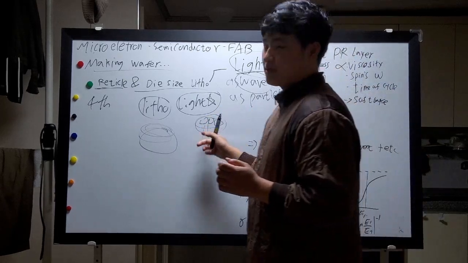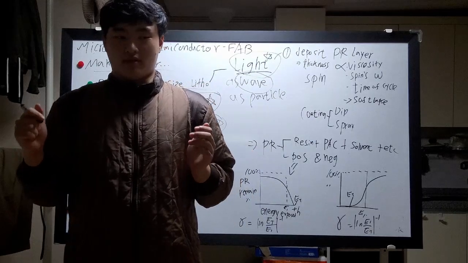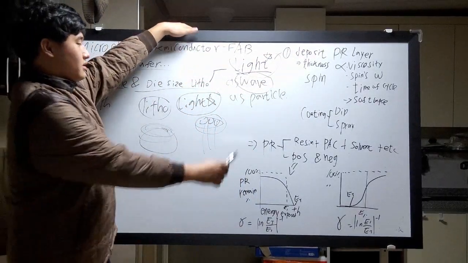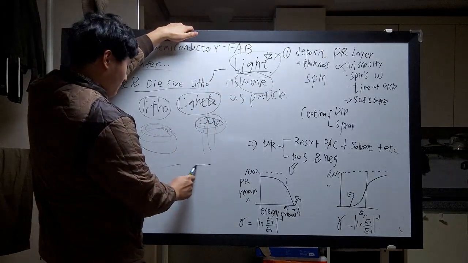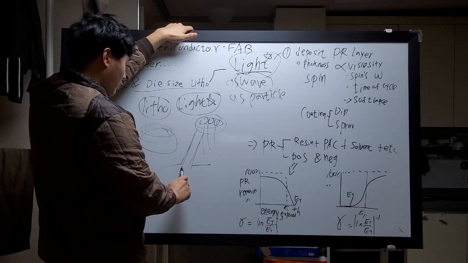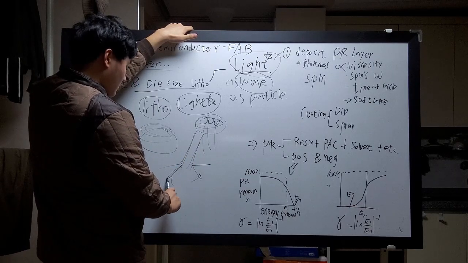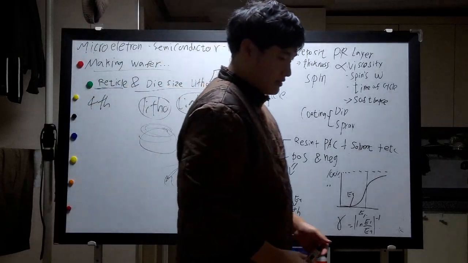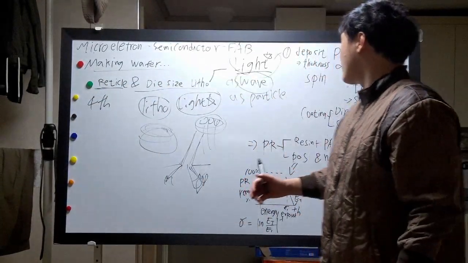Within this reticle or mask, we can make the pattern as we want. But I hope you know about the slit effect: when the light is injected and when it gets out or is reflected, the light will be distorted.